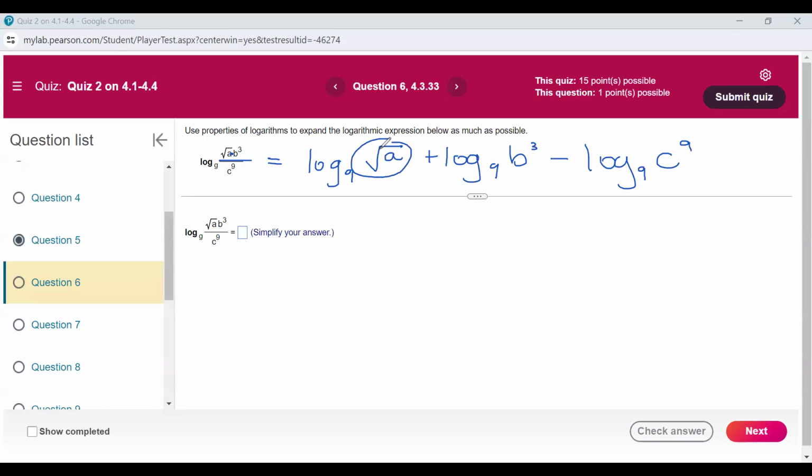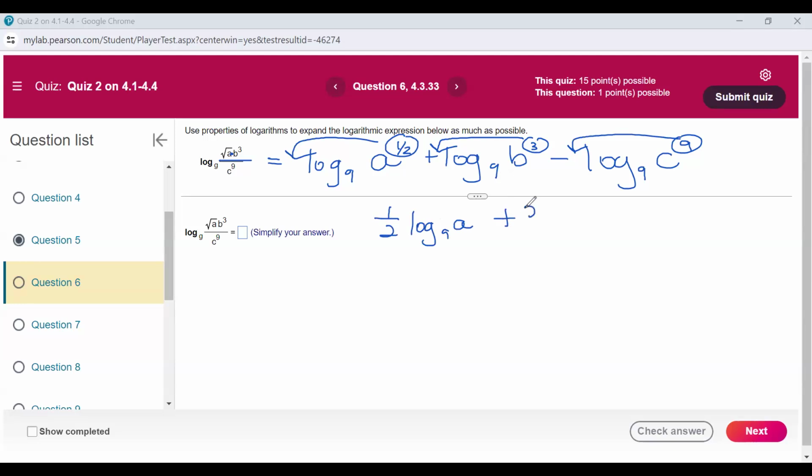I can rewrite square root of a as a to the 1/2. So let me rewrite that as an exponent. And now using the power rule, all of these exponents come in front of each of those logs. You have 1/2 log base 9 of a plus 3 log base 9 of b minus 9 log base 9 of c.